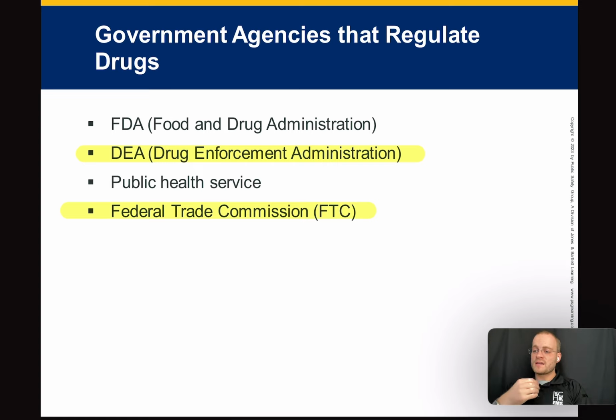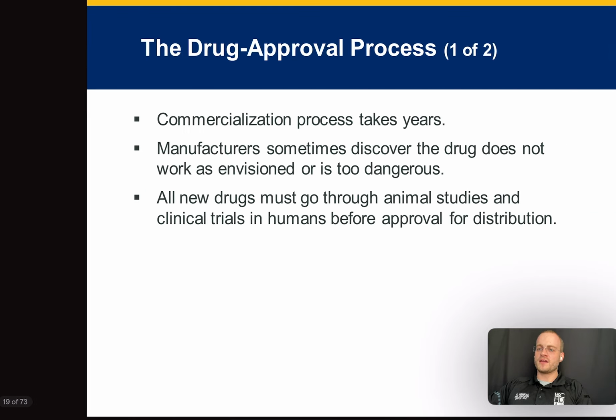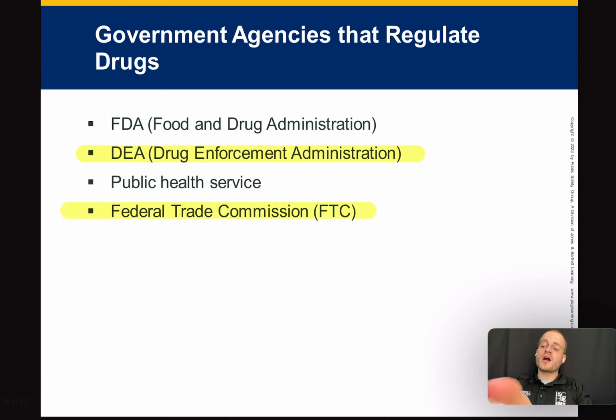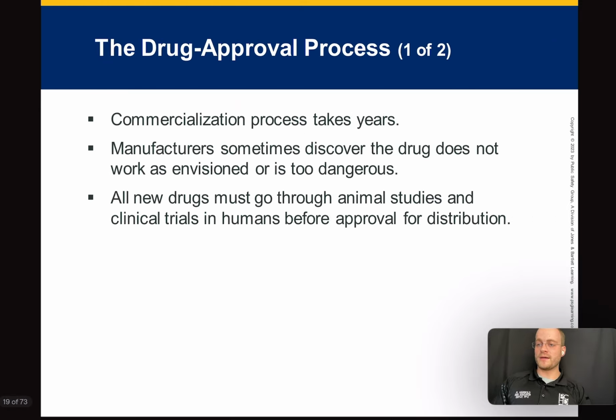With the help of the inspector general, the weight of the federal government comes down on big pharma if you lie. We're seeing this right now in the OxyContin cases, where a company paid billions and billions of dollars for lying about OxyContin and its addictive potential. They lied in the marketing, and obviously they caused a lot of death from overdose. So just be aware. You get in trouble for that.